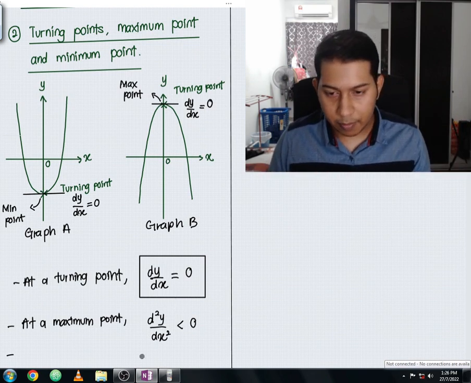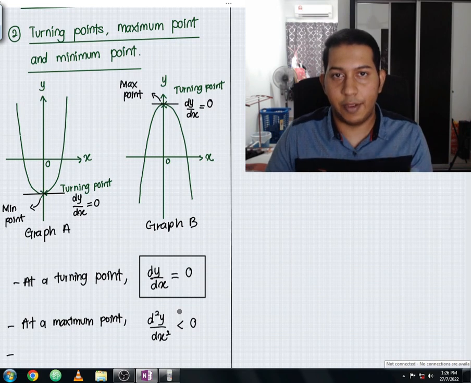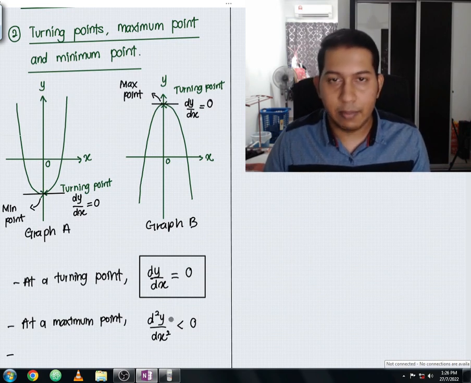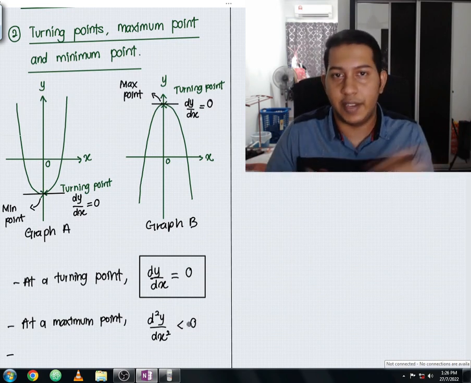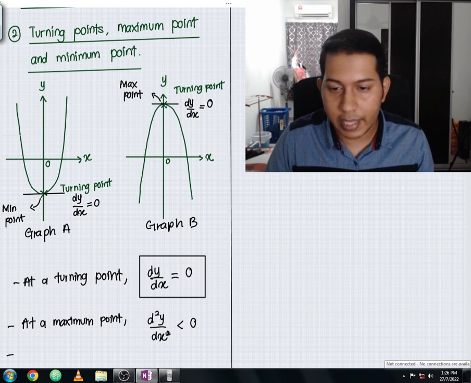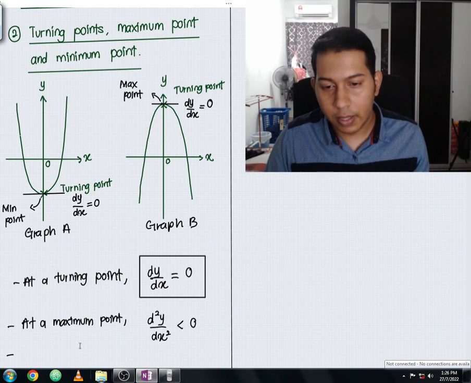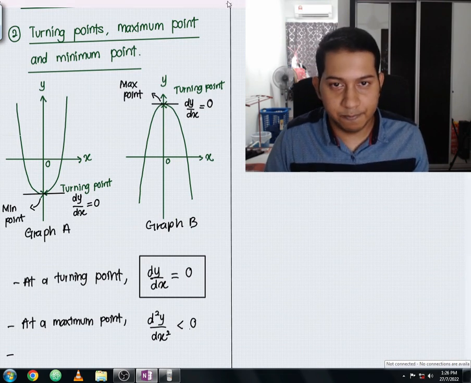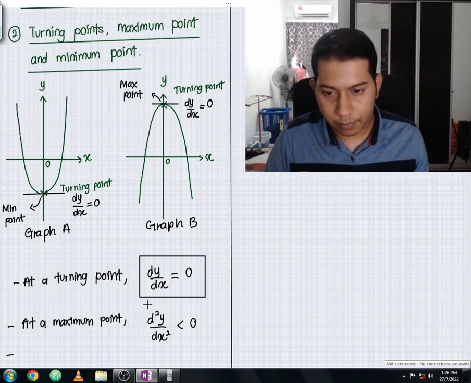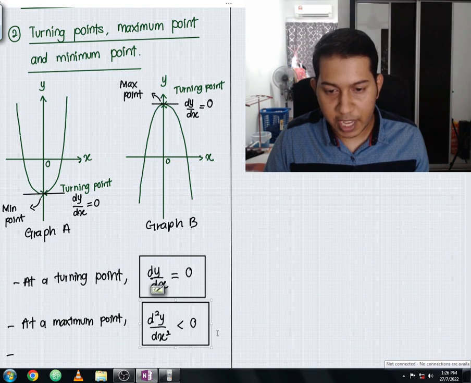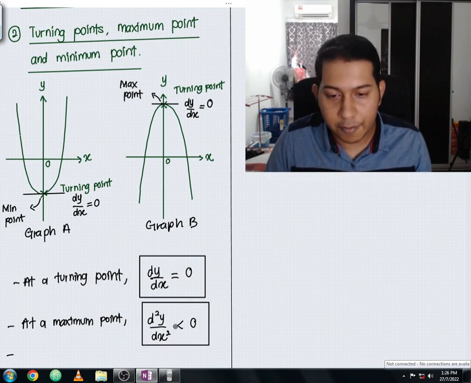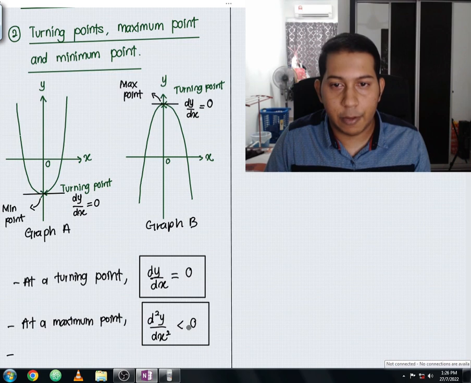For example, you perform double differentiation, and let's say you get negative 25. Then you can conclude that the turning point is actually giving you a maximum point. So let me box this. Then you can ask me, how come it can give you a negative value?